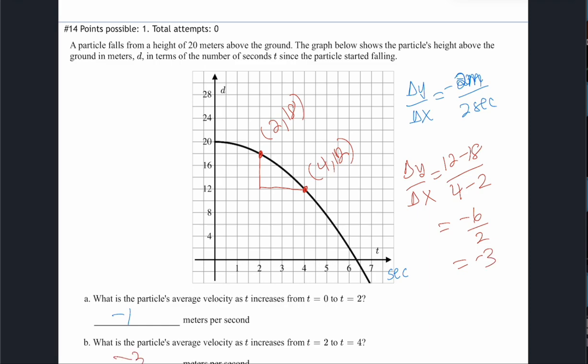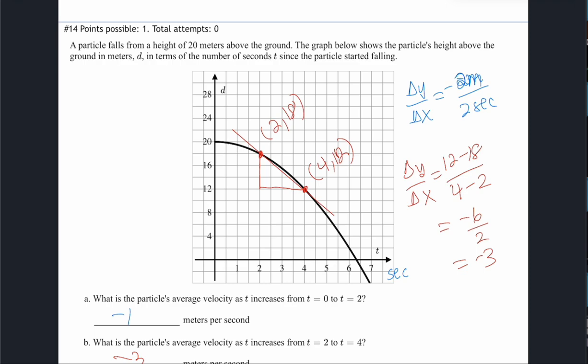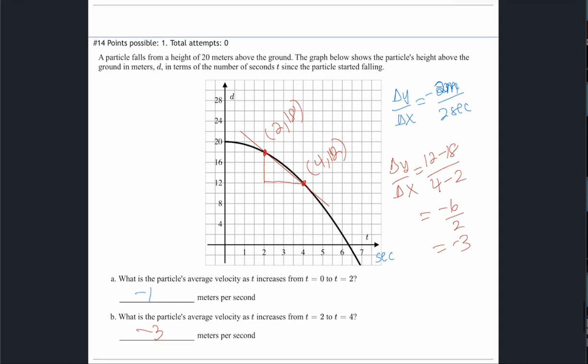So anytime they say the constant rate of change, or the average rate of change for a graph that has a curve to it, you're just connecting the line that connects those two. And so you're just doing the slope equation for those two particular points if you connected them with a line. So that is example 14.